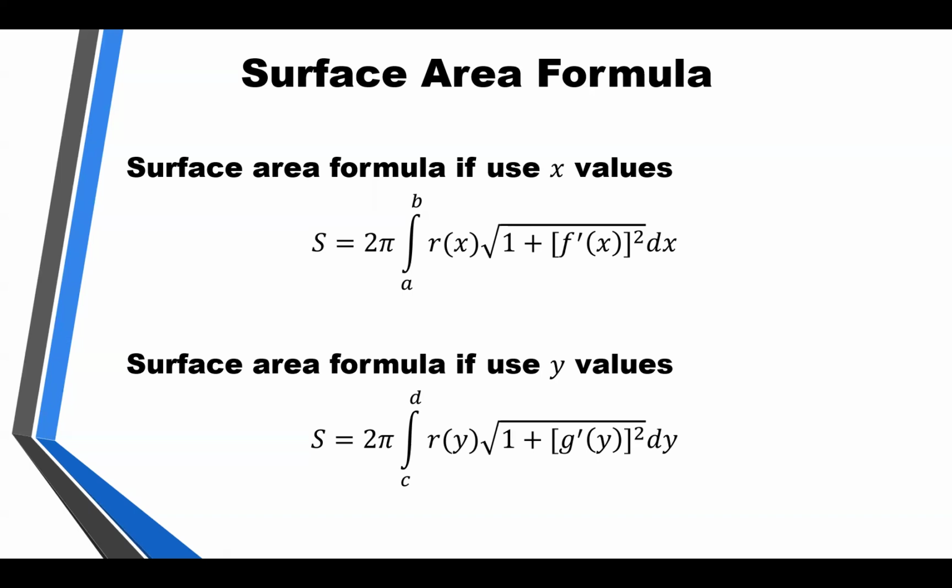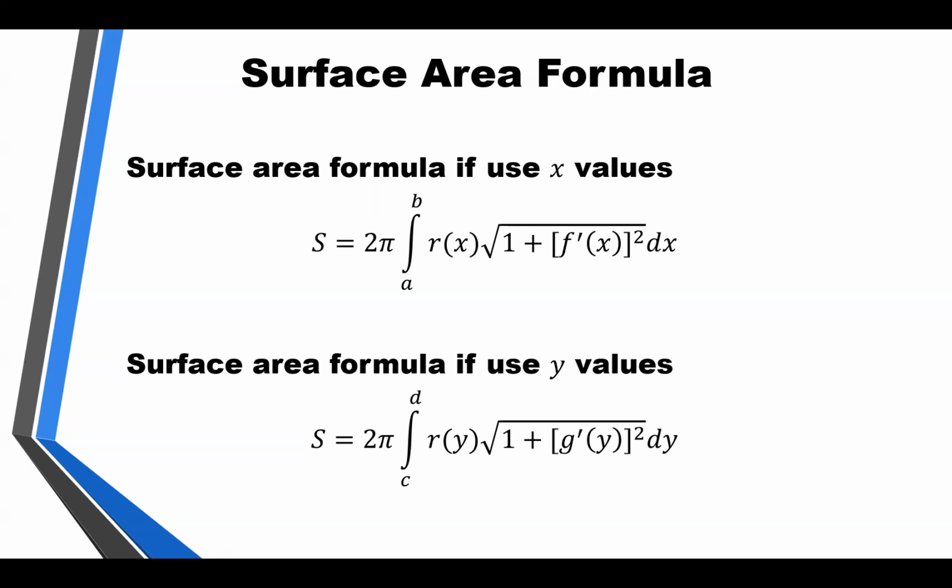Notice that we are not saying that if you rotate around a horizontal line, you have to use x values. Or if you rotate around a vertical line, you have to use y values. In fact, we don't have to do that. And we'll see that in a couple of examples.